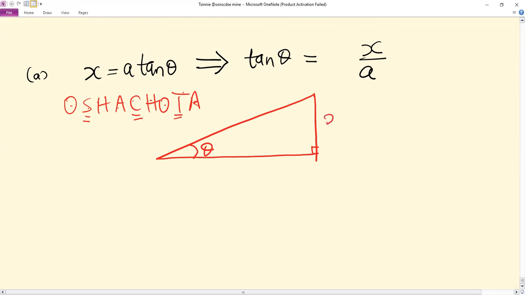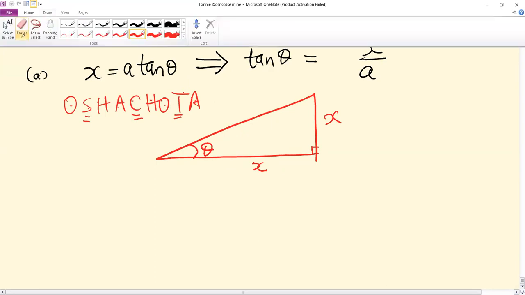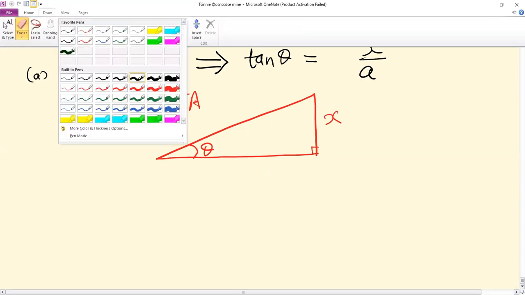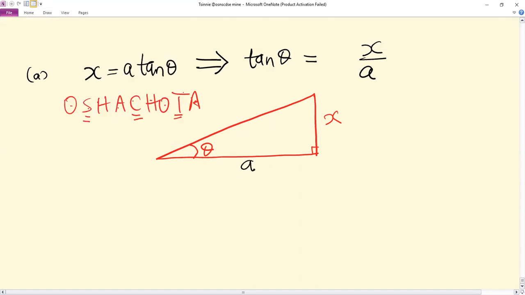So opposite will be this side, x, over adjacent, which is this side, small a. Then from Pythagoras theorem, this hypotenuse will be the square root of x squared plus a squared.